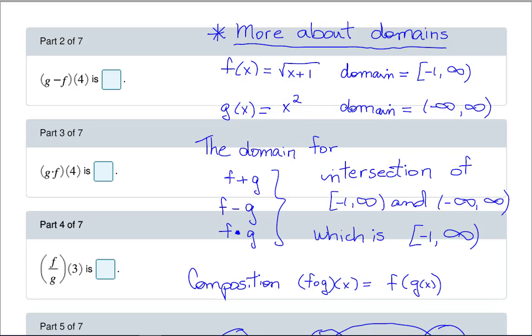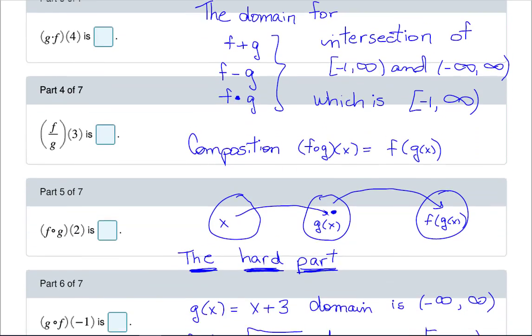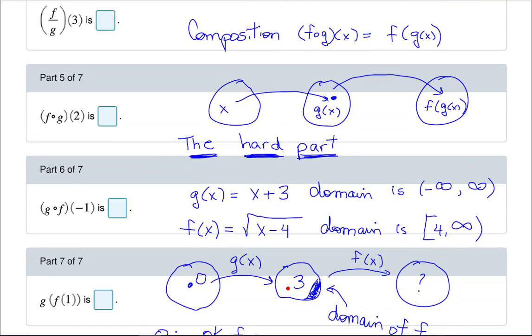What about the composition? Well, the composition looks like the following. We start off with an x, the x goes into g, g produces g of x. Okay, so once that's produced, f picks up that number and produces something more.